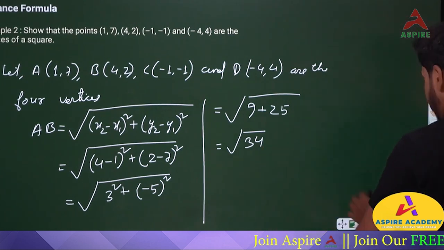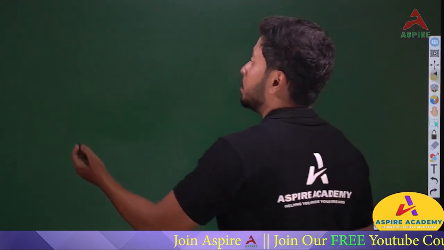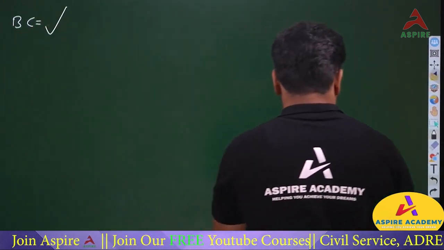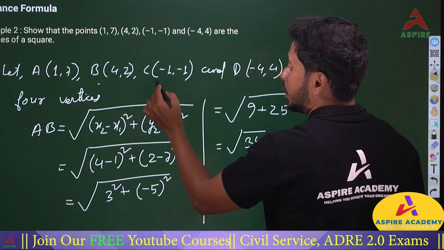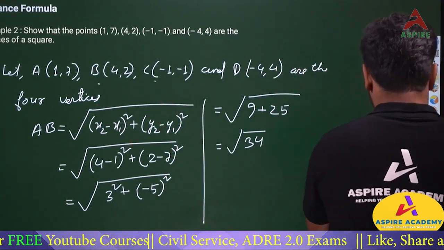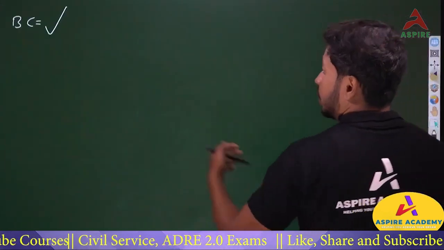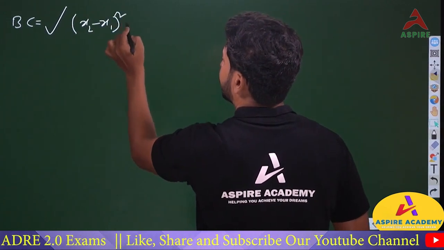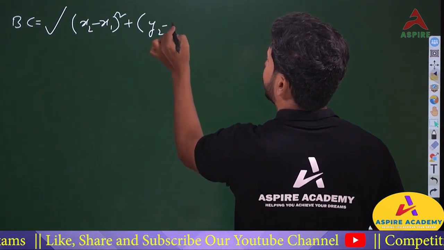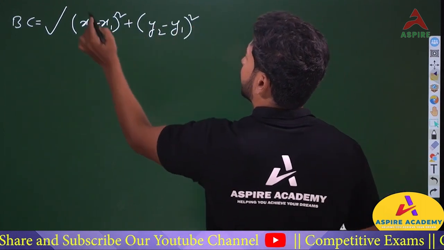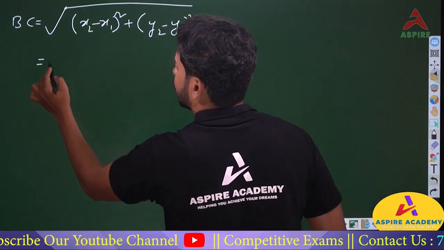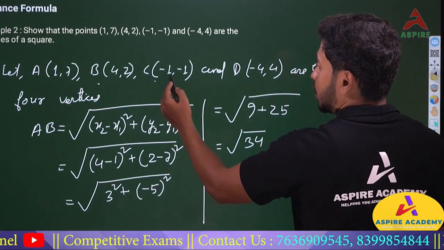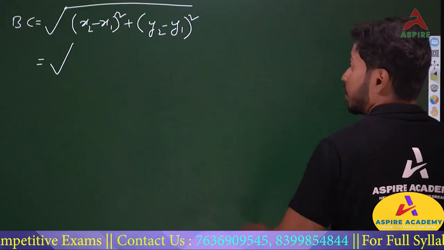Next, BC. So BC, B and this C. This is also the same formula, x2 minus x1 whole square plus y2 minus y1 whole square. What is x2? Minus 1. What is x1? 4.